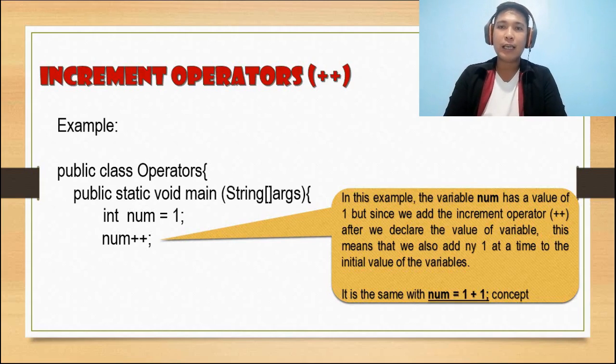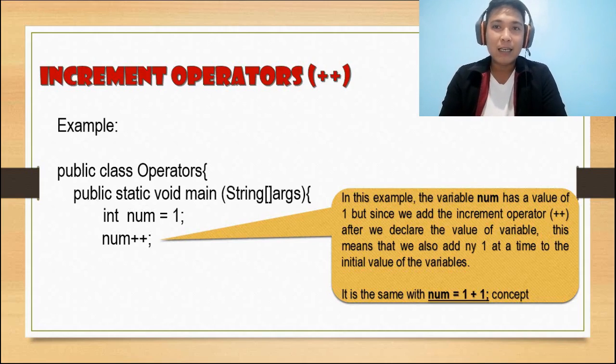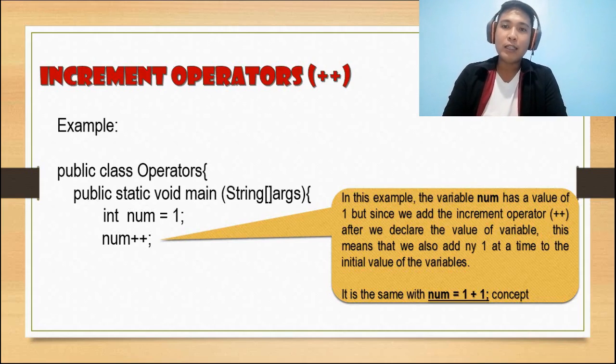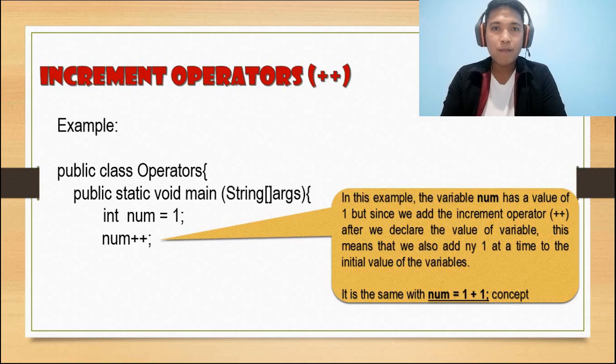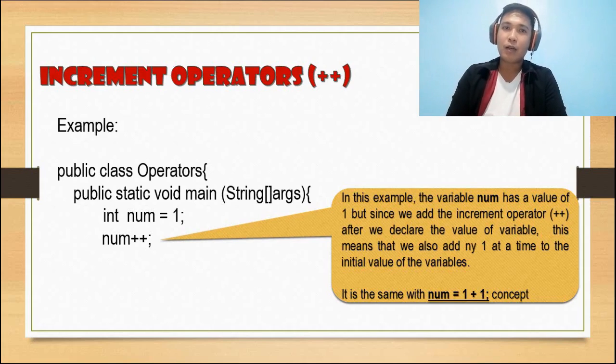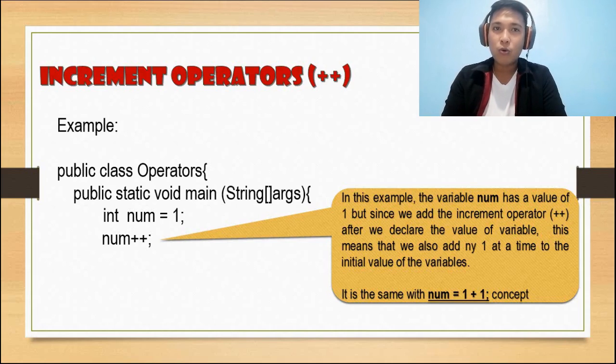By the way, class, from the term itself, increment, meaning we are trying to add or increase the initial value of our variable. Example, again, we have int num is equal to 1.